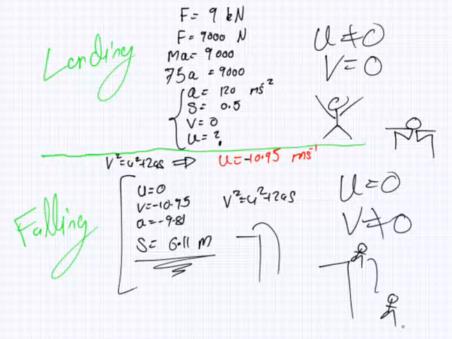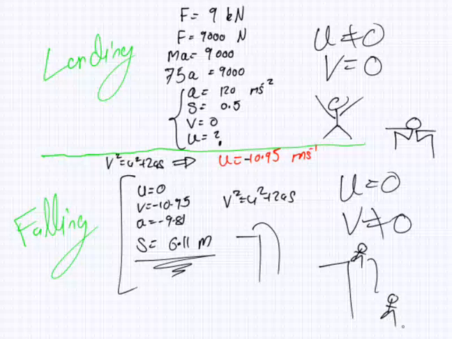Sorry, yes, Grace? Yeah, so for this part here, the U is 0, and here is 10.95. The way I'm thinking about this is, there's two halves.